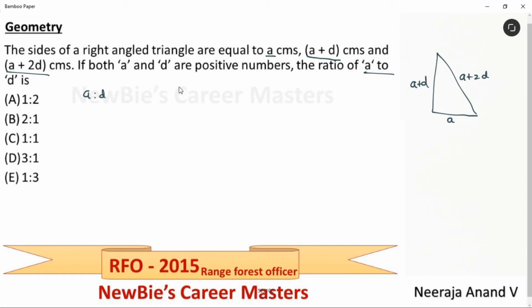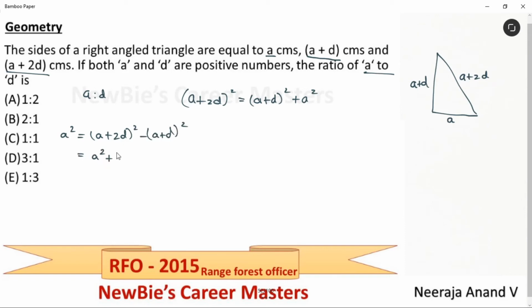Okay, let's take the Pythagoras theorem formula. A plus 2D whole square is equal to A plus D whole square plus A square. Let's take A square one side. Then this value is A plus 2D whole square minus A plus D whole square. Let's elaborate this.